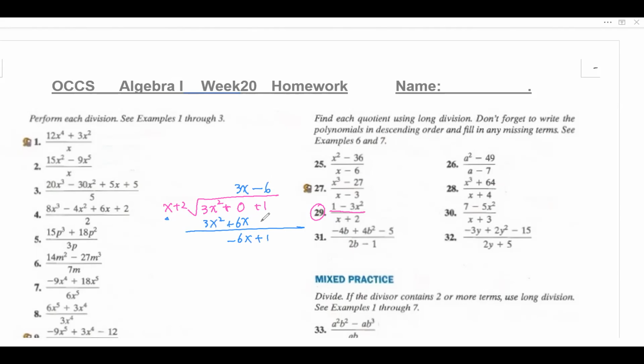So you get a negative 6x minus 12. So you get a negative 13. This is the remainder, right? The remainder is not 0, so you write minus 13 over x plus 2. Here is the quotient, and this one is the remainder, including a negative here.